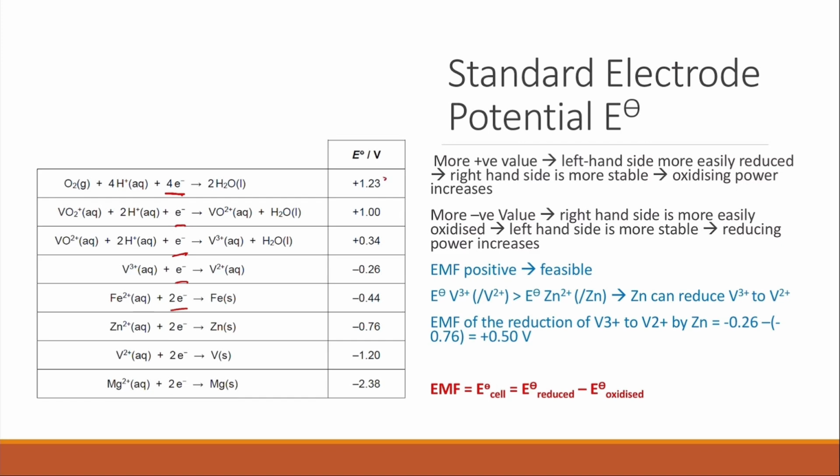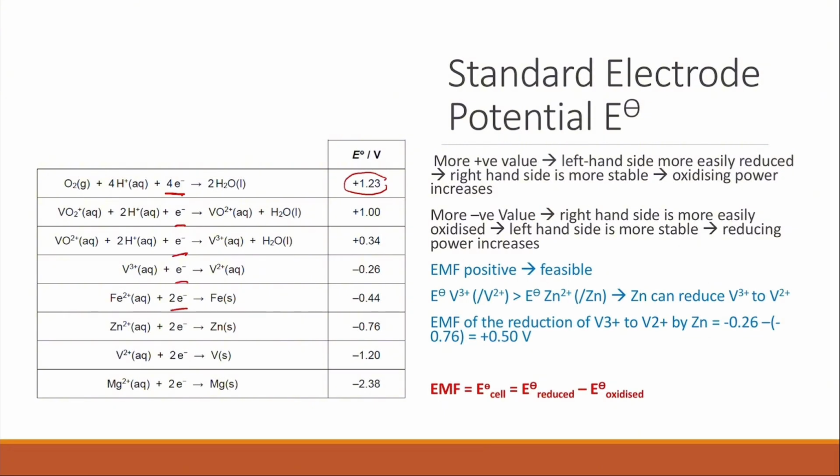A positive electrode potential means that the left-hand side is more easily reduced, or that this species or this reaction will most likely go through reduction. So it's going to act more as an oxidizing agent.